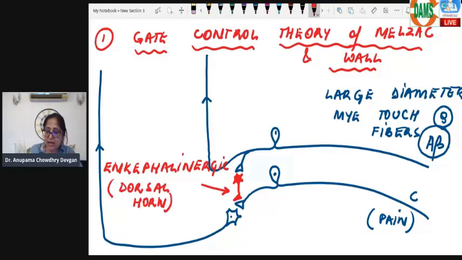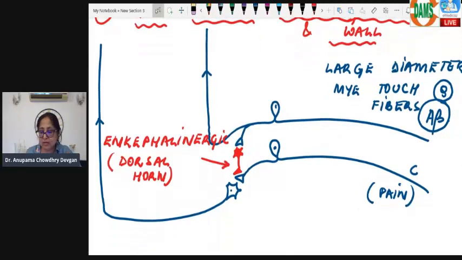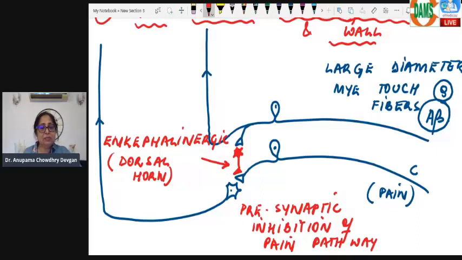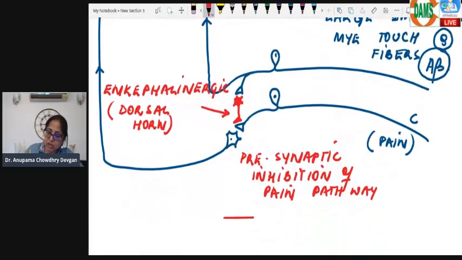This encephalinergic neuron, which is present in the dorsal horn, forms an axonal synapse here, right? So this causes a presynaptic inhibition of the pain pathway, which now decreases the transmission of pain.